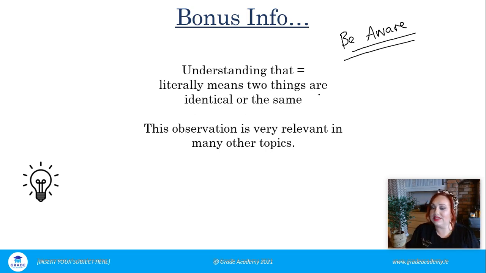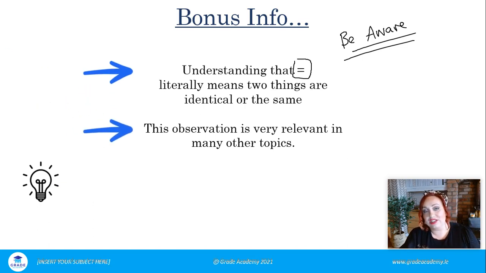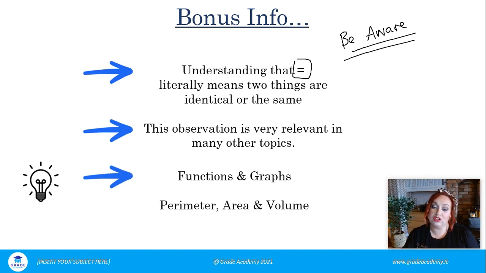So again, as we said, understanding that equal sign literally means two things are identical, are the same, and that means that they can replace each other. You can switch them in and out depending on what you want to achieve in the question. This observation is very, very relevant in other topics, okay? And two topics in particular is your functions and graphs, your perimeter, area, and volume, which I did mention at the start.